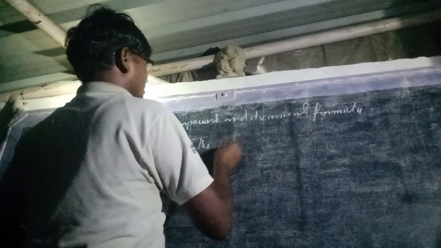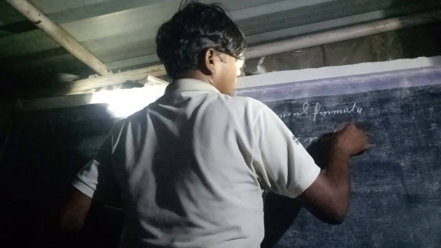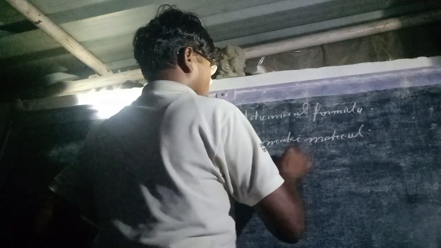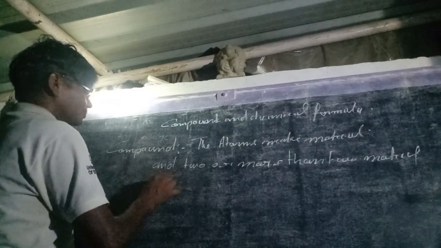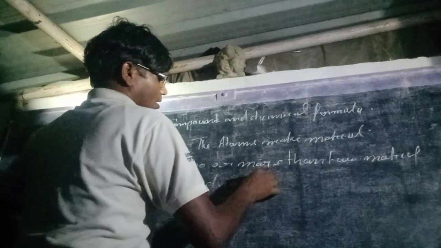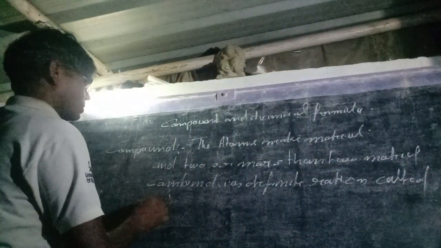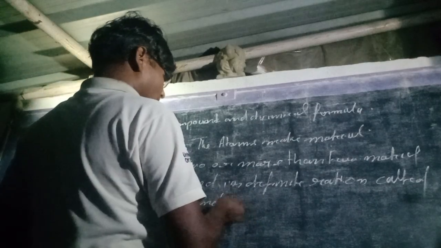The atoms make molecules, and two or more than two molecules combined in a definite ratio are called a compound.